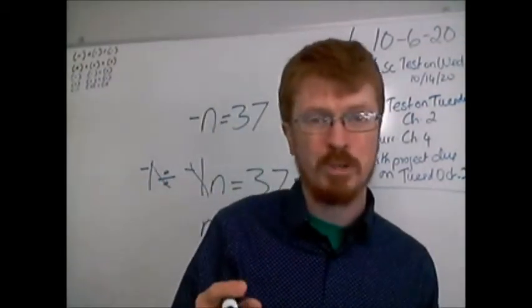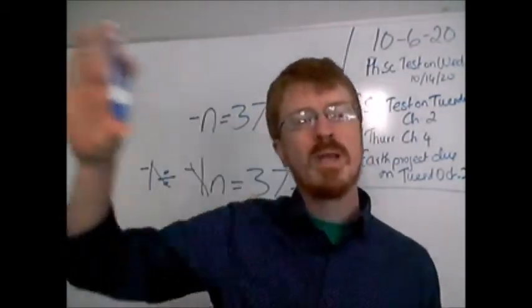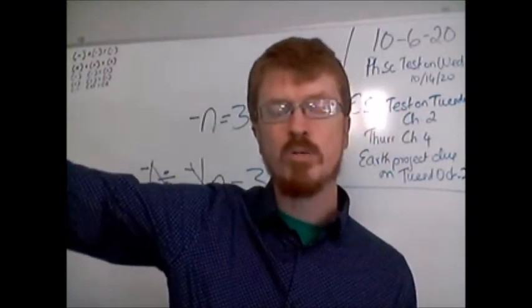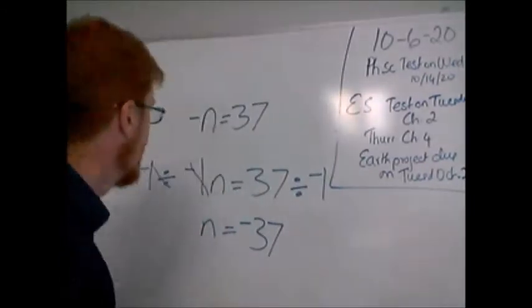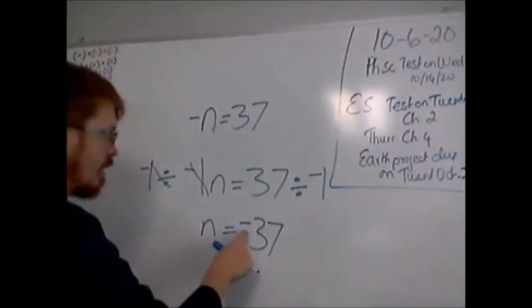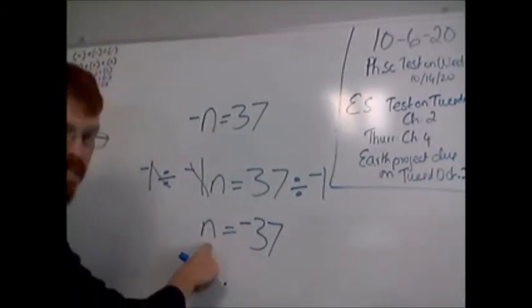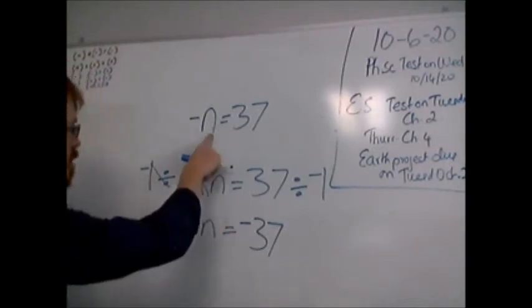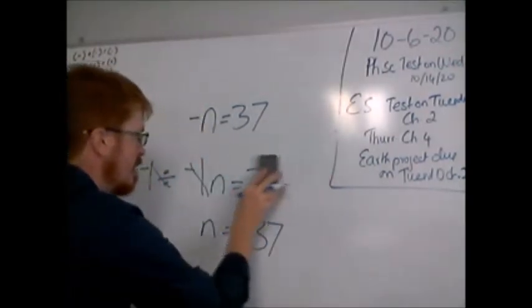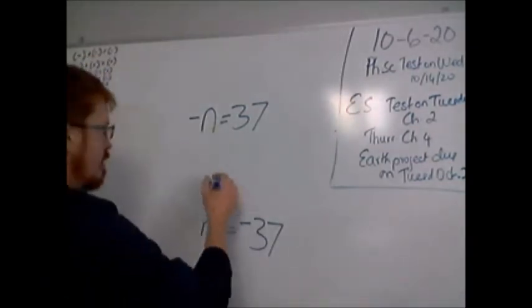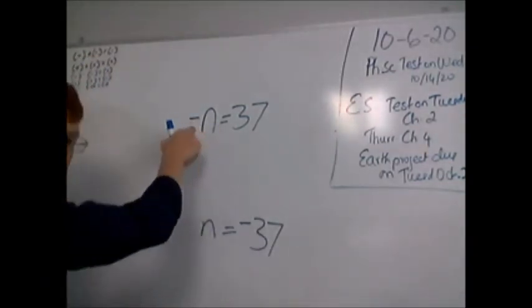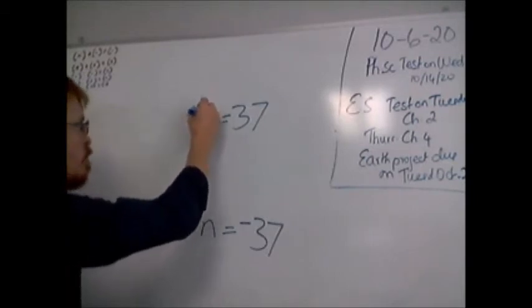Never, ever, ever should you get these wrong. From here to the rest of the time that we are going over this stuff in algebra, you should be at 100%. Why? Because you can always plug it back in. So let me erase this. If n equals negative 37, and don't forget your negative up here, this is a negative 1n.